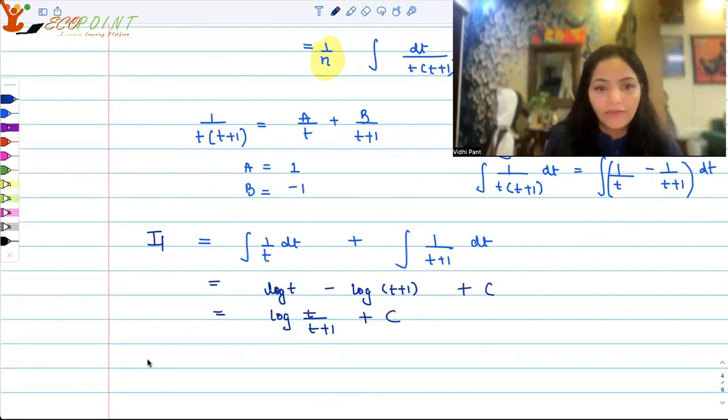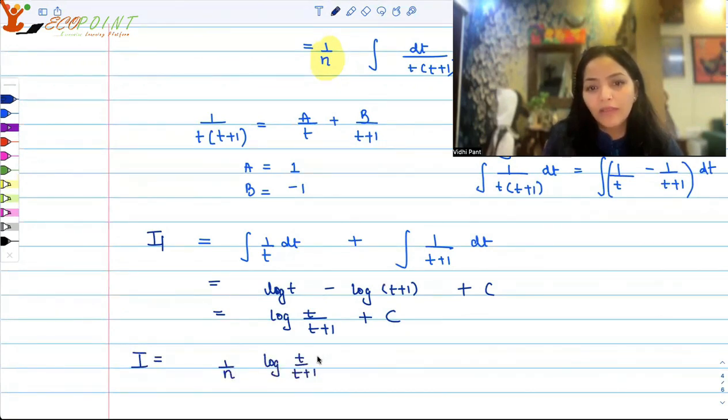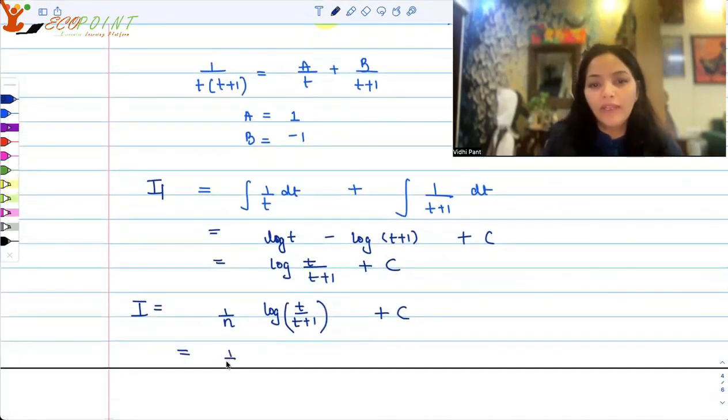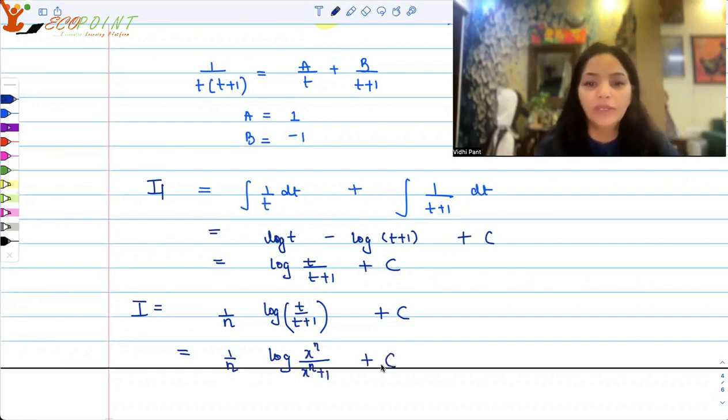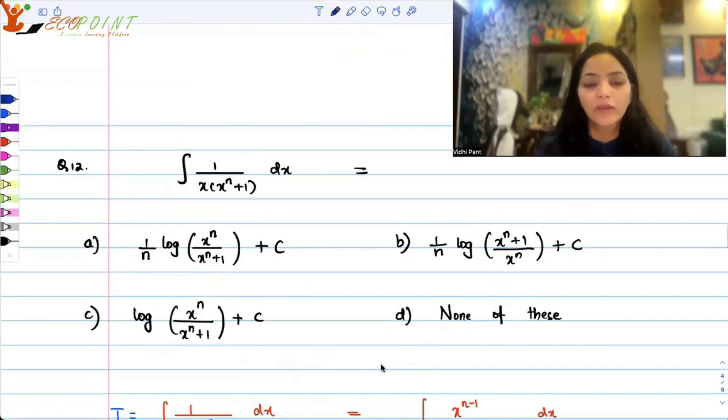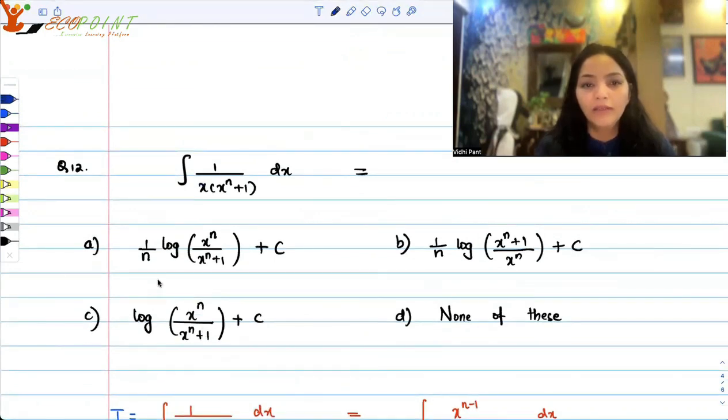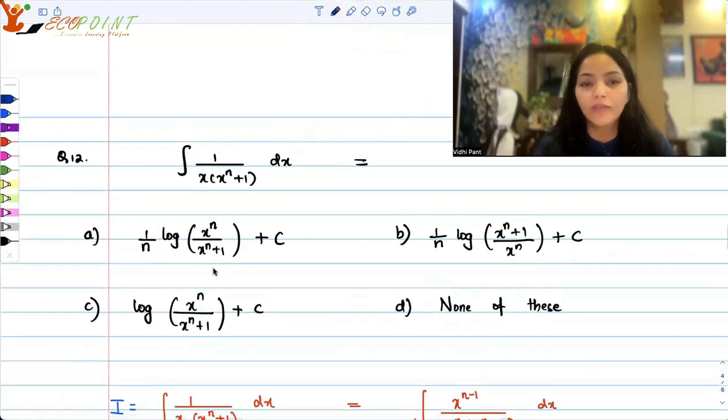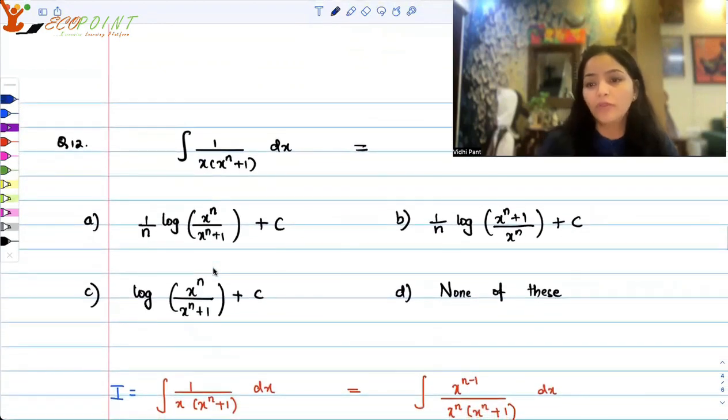So what we have is I will be equal to 1 upon n log t upon t plus 1 plus c, which means it is 1 upon n log x to the power n upon x to the power n plus 1 plus c. Well, do we have any such option? 1 upon n log x to the power n upon x to the power n plus 1 plus c is A option. So A option will be the correct option.